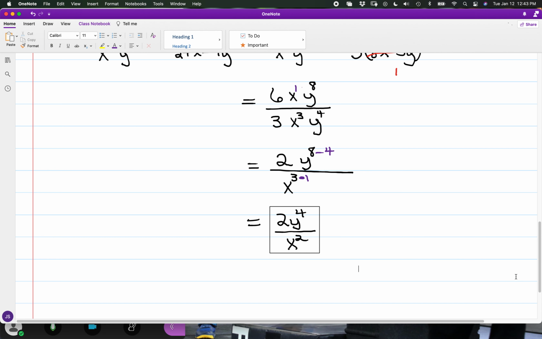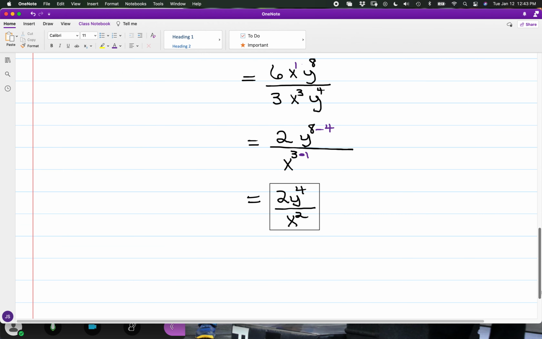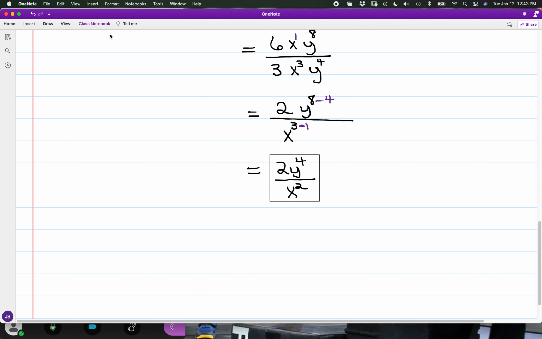Right. Now we're crossing over to working with addition of rational expressions. In the case of number 41, you have m squared all over m plus 3, plus 6m plus 9 all over m plus 3.